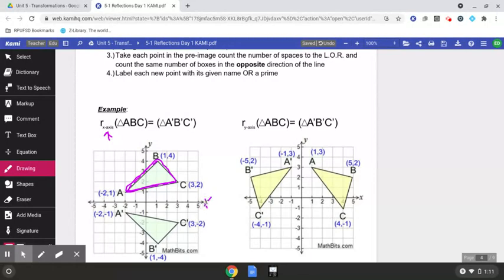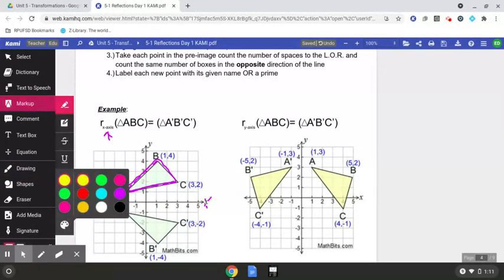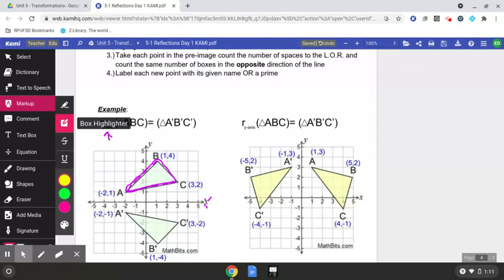You're reflecting it over the x-axis, it's telling you. So here's my x-axis. If you wanted to, you could highlight this. This is the axis that I'm reflecting over.